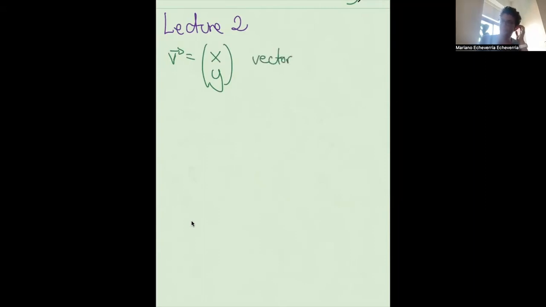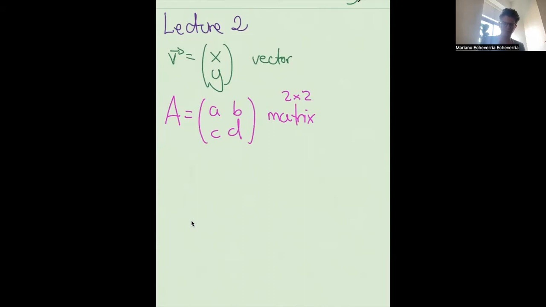The idea is that we want to use a matrix. So something like this is what's going to be called the matrix in general. In this case, a 2 by 2 matrix to be more precise.